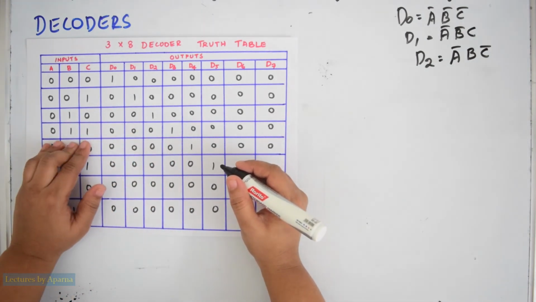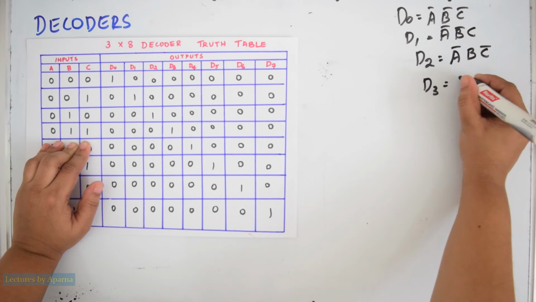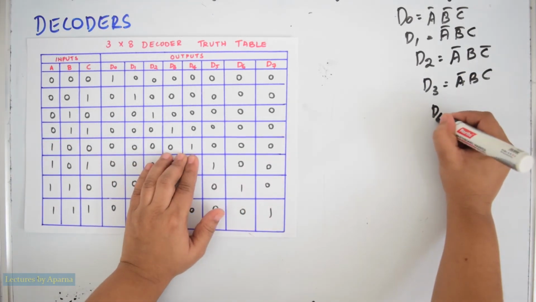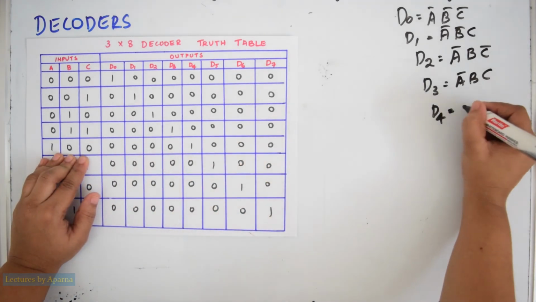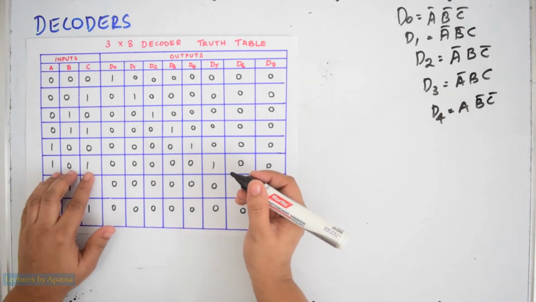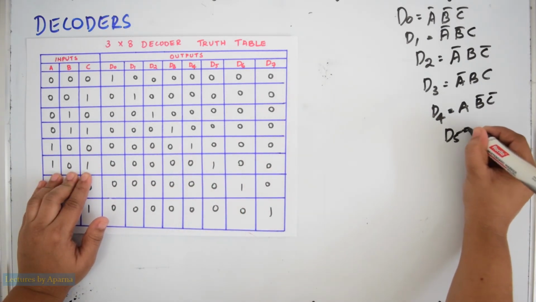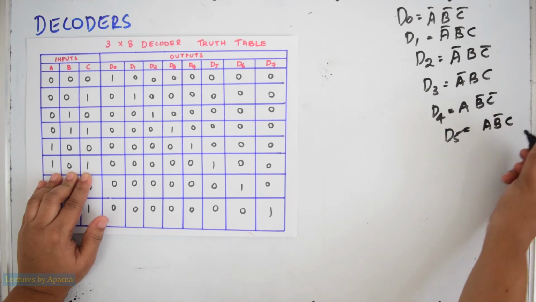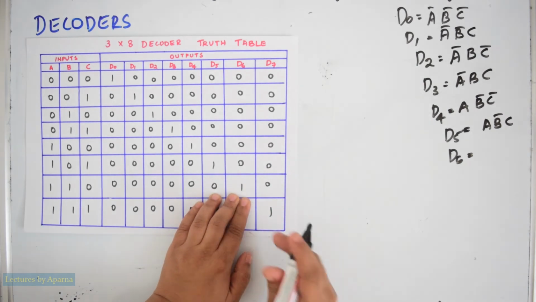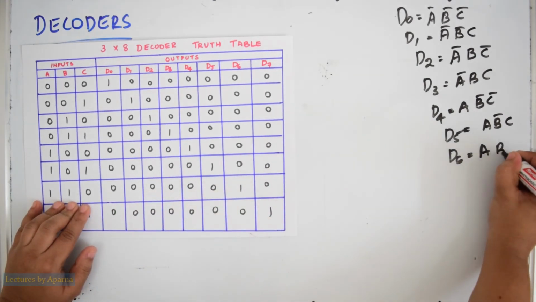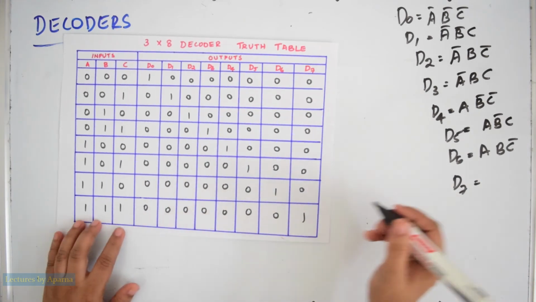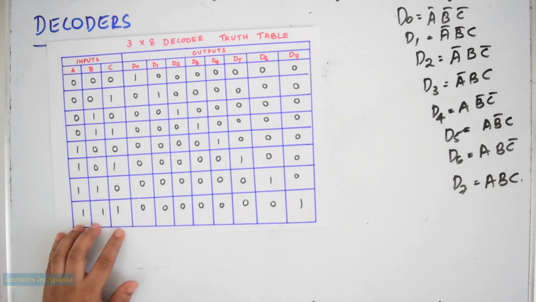D3 will be high when the inputs are A bar, B, C. D4 will be high when the inputs are A, B bar, C bar. D5 will be high when the inputs are A, B bar, C. D6 will be high when the inputs are A, B, C bar, and D7 will be high when the inputs are A, B and C.